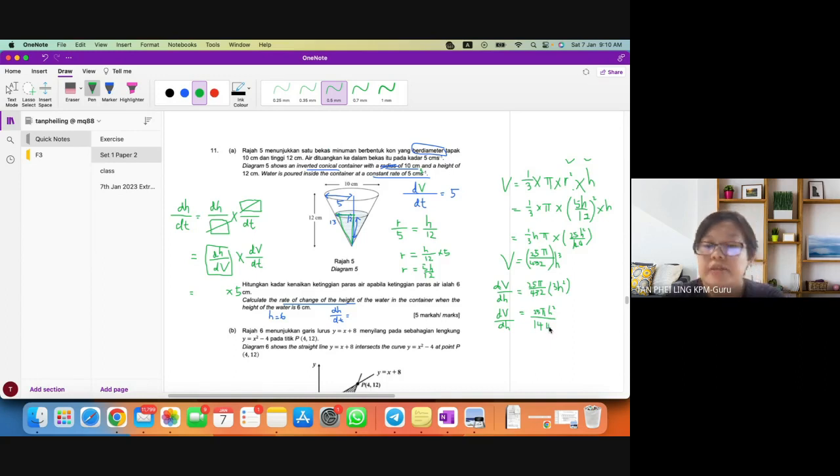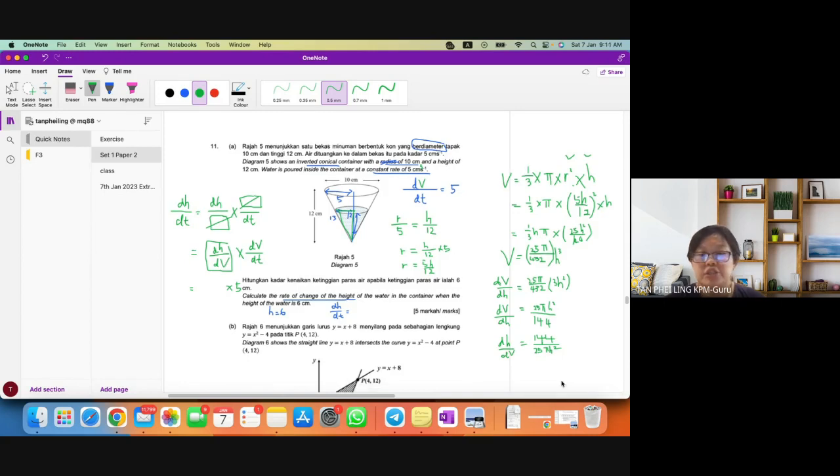Okay, now what I want is dh dv. What I found is dv dh. So to get dh dv, I just terbalik on the left. So I will also terbalik here: 144 over 25 pi h square. Right? Do you get it?